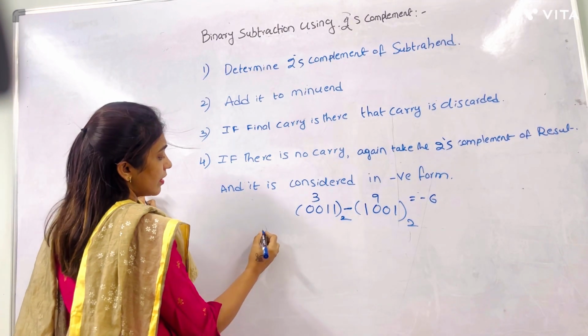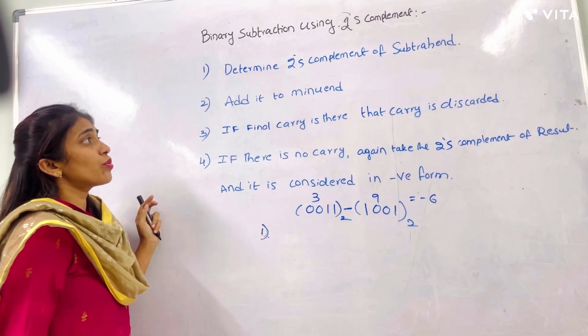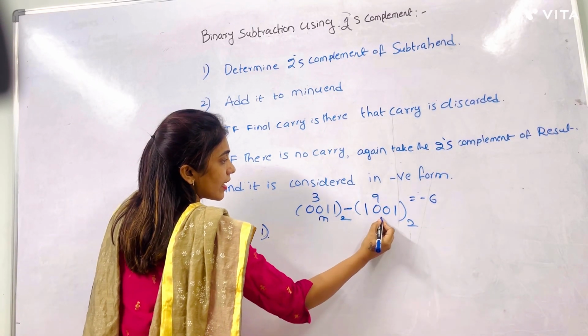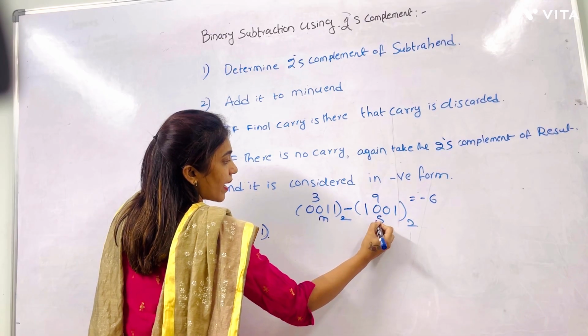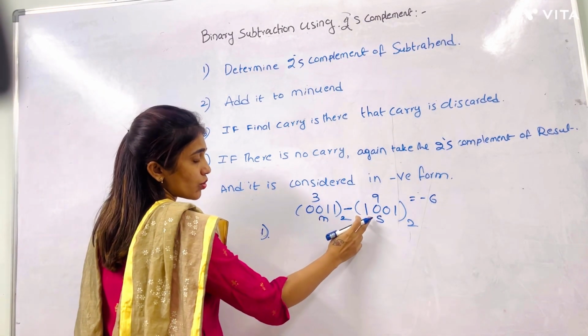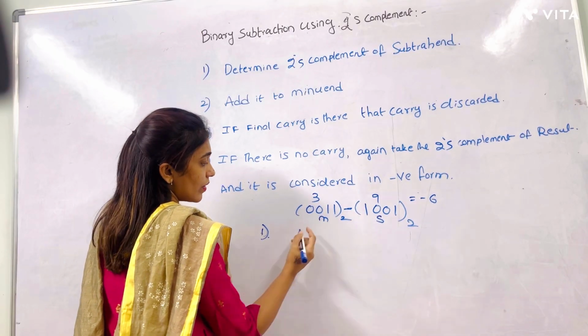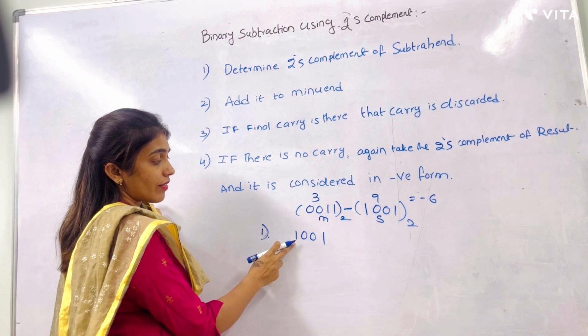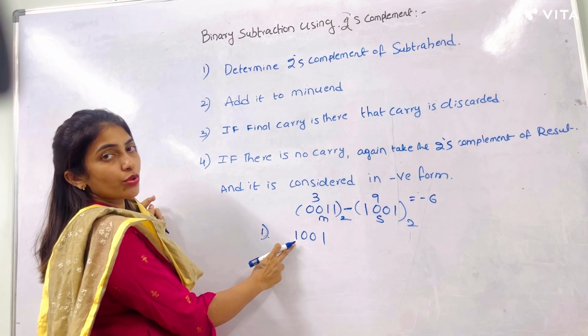First point, determine 2's complement of subtrahend. We know this is minuend and the second number is the subtrahend, right? So we'll take the subtrahend, that is 1001. This 1001, we need to find 2's complement.